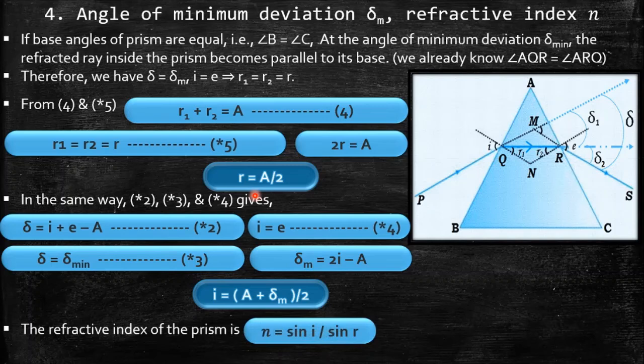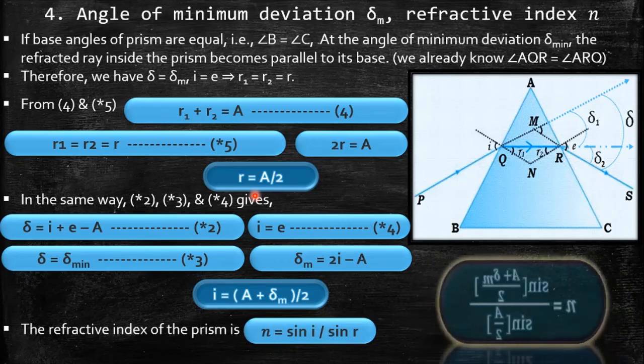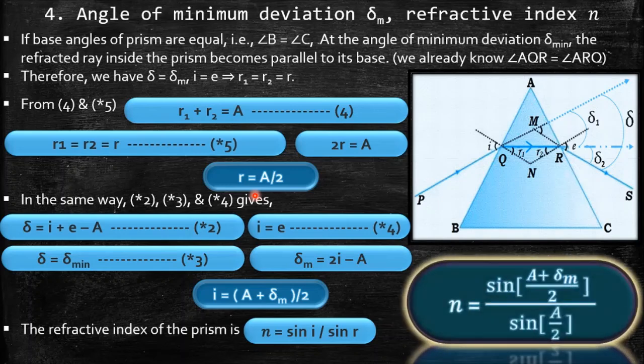You now have to only substitute the values of i and r in this equation, and behold, here is the grand formula for which we have simply spent the last 15 minutes on. That is, n is equal to sine of (A plus delta M) by 2 upon the sine of A by 2. This formula is also called the prism formula.